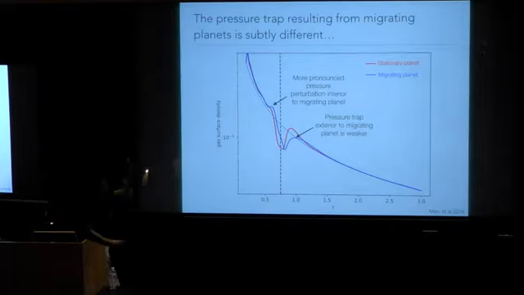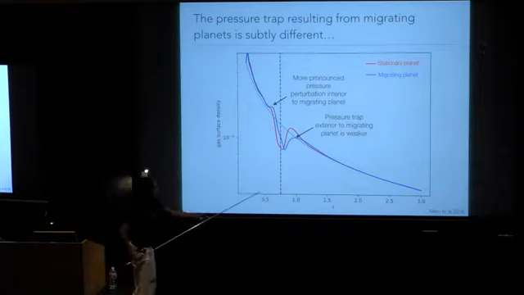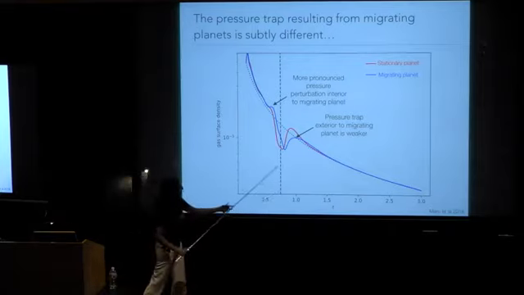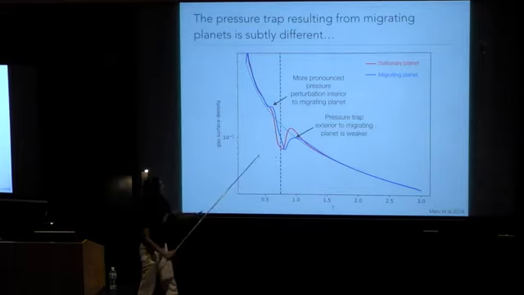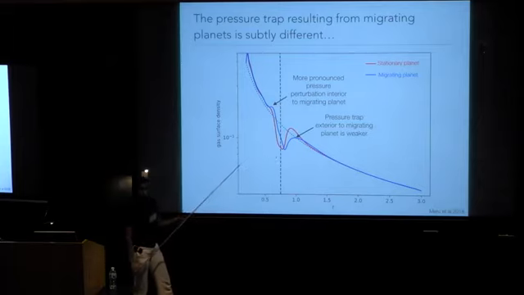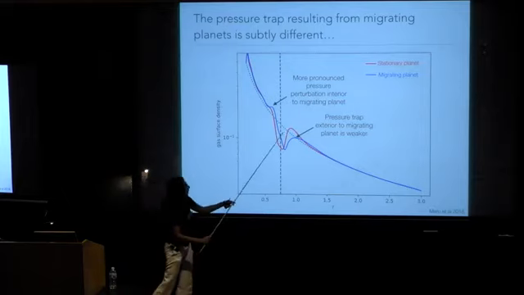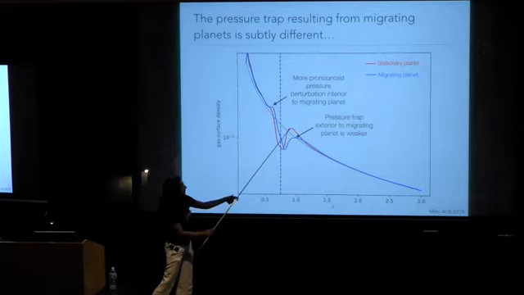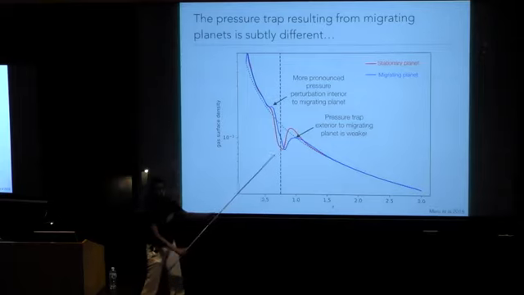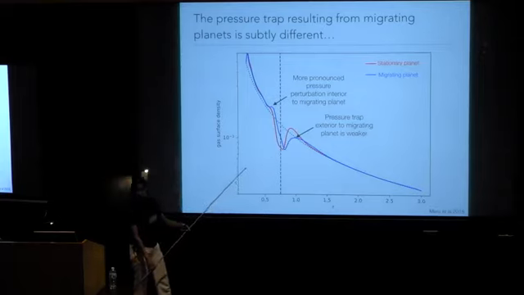So starting off with the gas surface density against radius, 0.75 is where the planet is. The red line shows you what you have if you have a planet that's stationary, and by that I mean it's orbiting at a fixed radial location. The blue line is the migrating planet simulation. Now, the first thing to notice is that the pressure trap is weaker in the outer part of the disk.